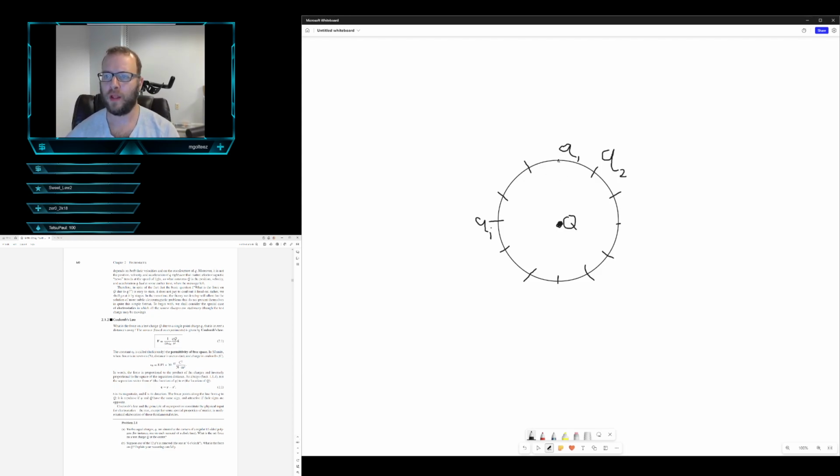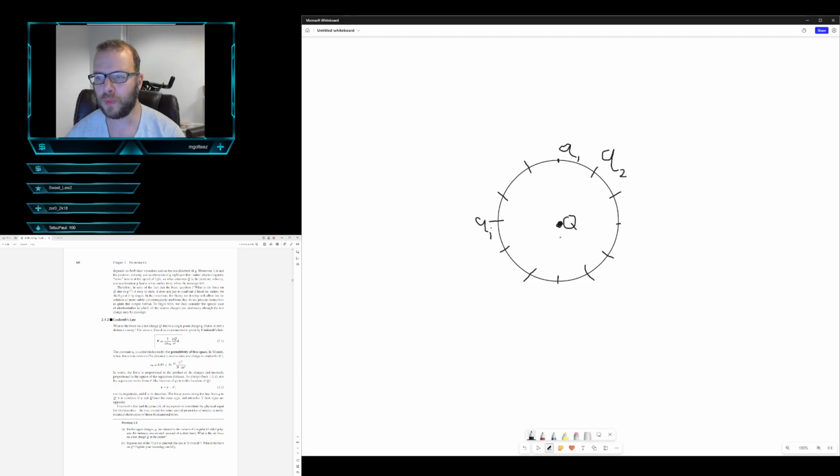We know that there is a force either pushing or pulling depending on the sign of Q, whether it's a positive charge or a negative charge. So there's either a push or a pull on this test charge from this one point here.